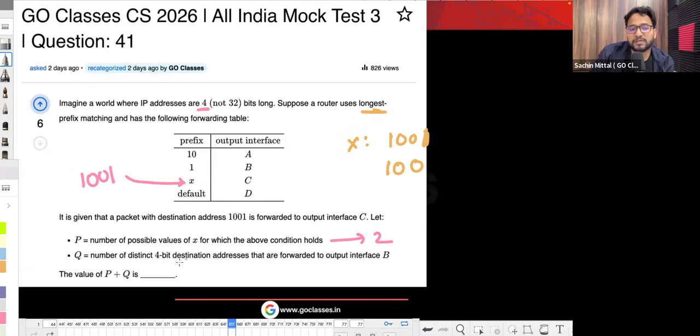Q is the number of distinct 4-bit destination addresses that are forwarded to B. So how many addresses are forwarded to B? Whichever start with 1. Basically there are 8 addresses starting with 1.